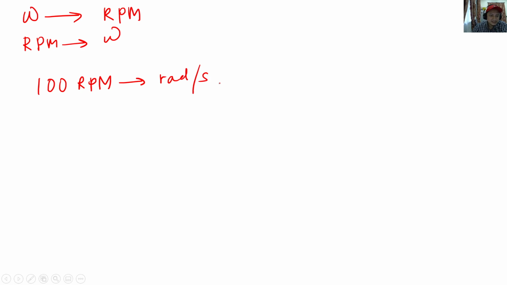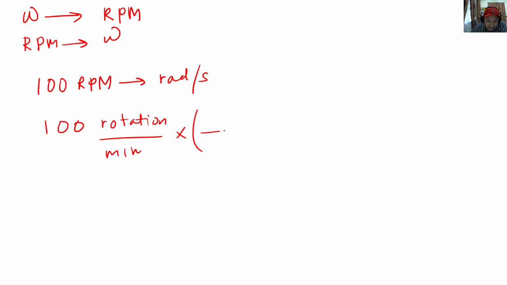Can you do this? Obviously 100 rotation per minute. So let's write down properly: 100 rotation per minute. Again, you need to eliminate the minute, right? Minute is at the bottom. You gotta put minute here lah. Baru boleh cancel.